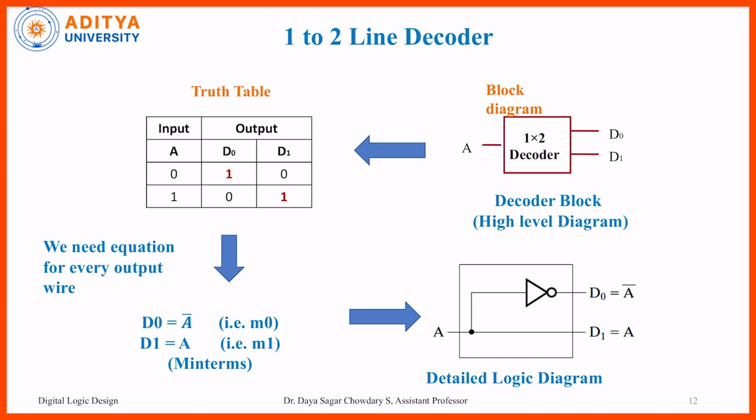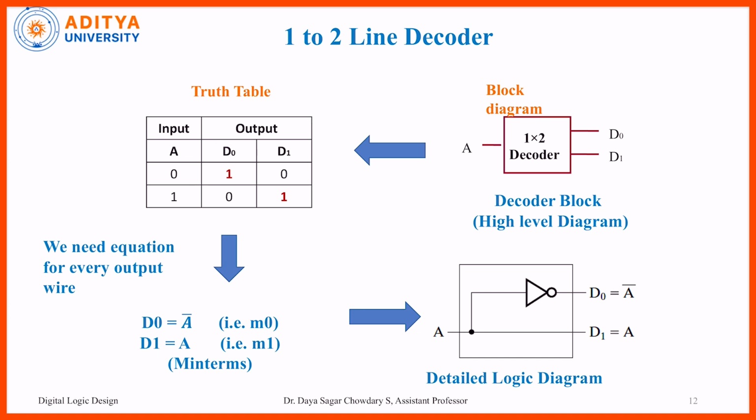This is a replica: whatever the output of the encoder is given as the input of the decoder, and whatever the input of the encoder was is the output of the decoder. That is the same concept because this is the reversal of the encoder technique.